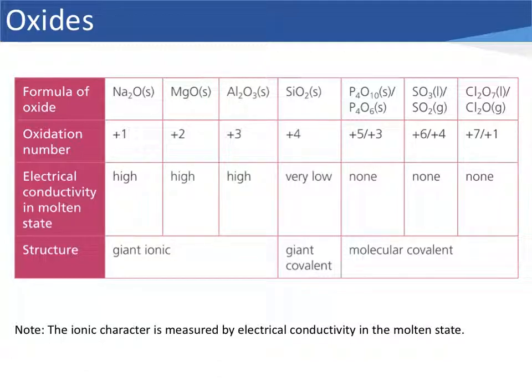Let's look at sodium oxide, magnesium oxide, aluminum oxide, silicon dioxide. Phosphorus makes a couple different oxides, sulfur makes a couple different oxides, and chlorine makes a couple different oxides, and we're ignoring argon. Electrical conductivity moves from high to low to none. The structure moves from ionic to molecular covalent with silicon dioxide as a giant covalent structure.